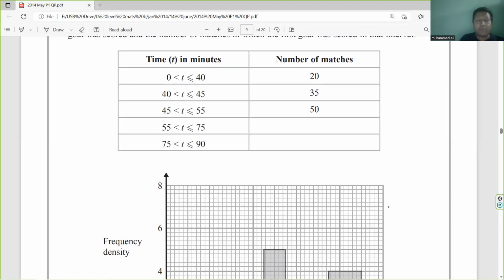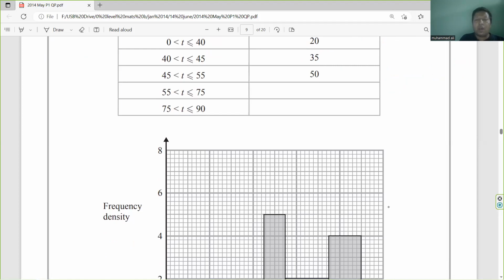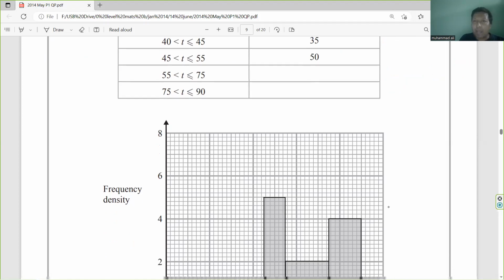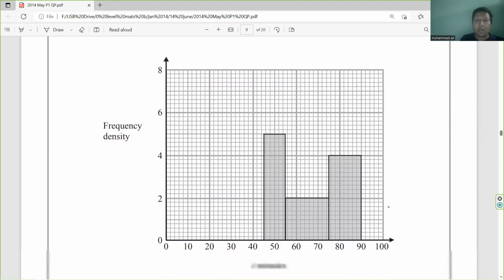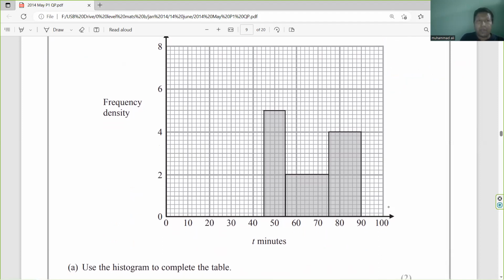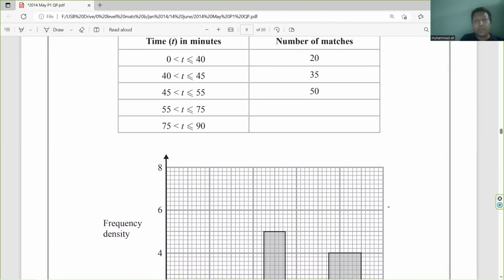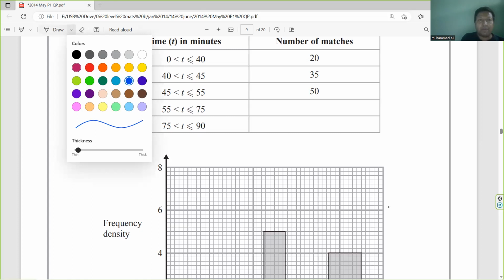So at first we have to focus on which interval has the frequency given and the histogram completed. Check 45 to 55. This histogram bar is already completed, and the frequency is also given, 50. So we focus on this interval.